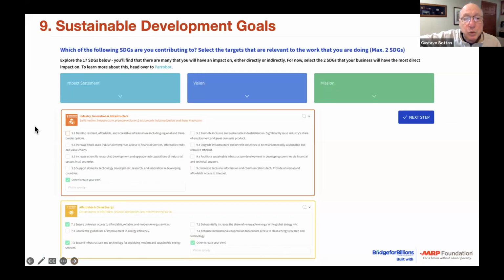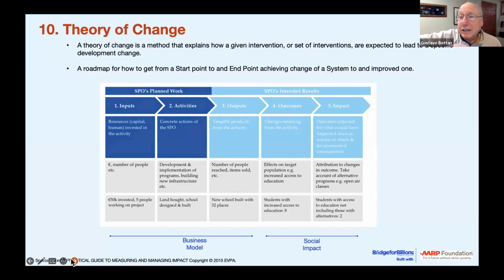Then within each one, in this case I chose industry, innovation, infrastructure, and affordable clean energy, you have these more specific areas, and you click on them. If you click others, you will have to put what you think it is. And basically that's how you reach a point in which you know the system that you're playing in or that you're going to affect change. You have your impact statement, mission statement, vision statement, and you know the beneficiaries.